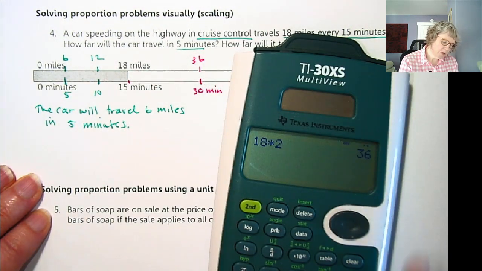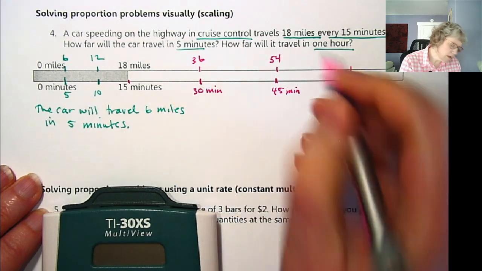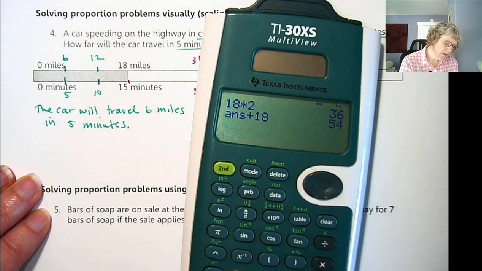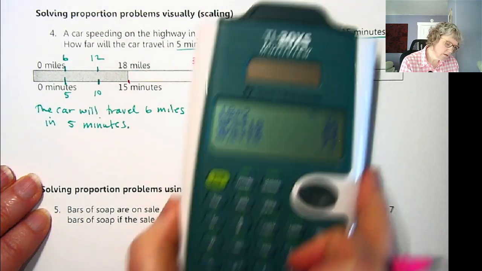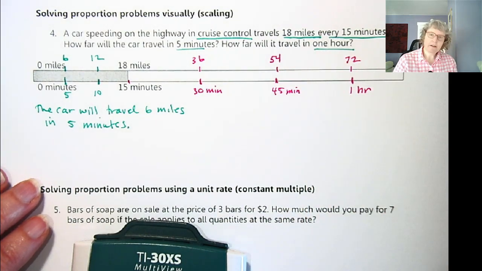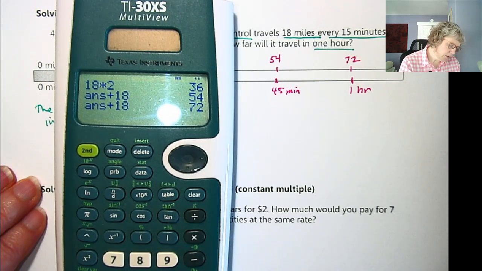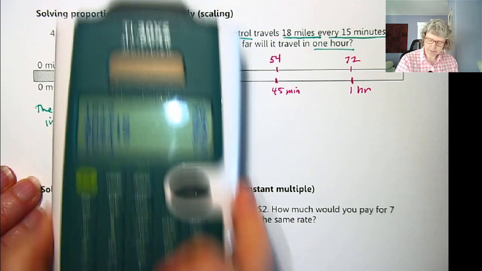I'm going to do plus another 18 to get 3 times is 54. And then plus another 18 is 72. Okay, so this car is speeding a little bit. We're going a little bit fast, huh? Or you may have noticed you could go 18 times 4 and also get 72.